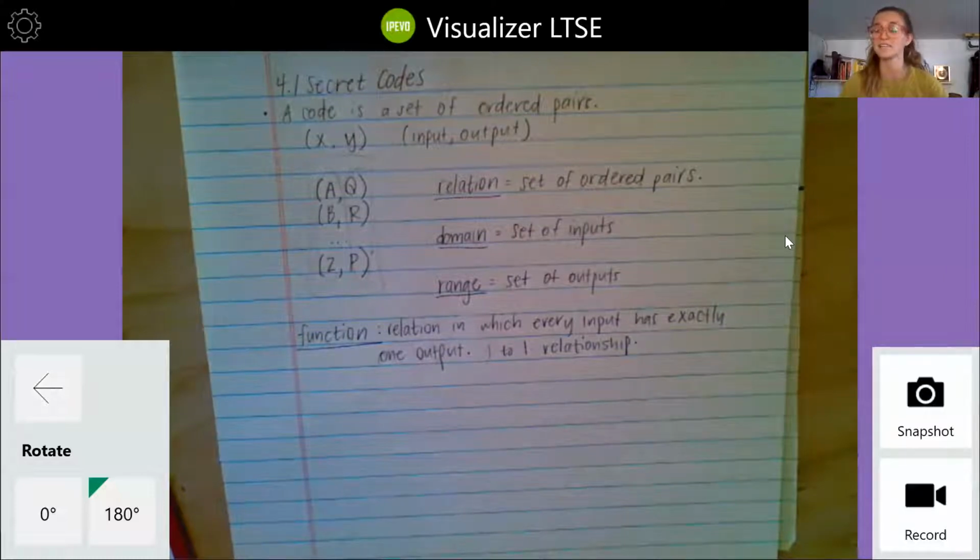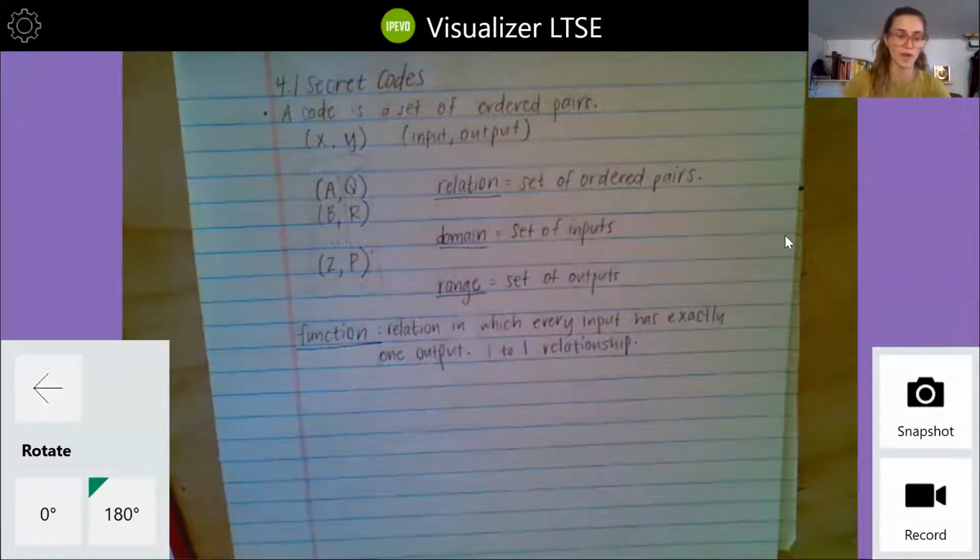It's used in computer science, in ATMs, in passwords, and in biotechnology when you're sending healthcare information. This field of cryptography is really important, and it all boils down to this idea of a function, where we have a very clear code with a one-to-one relationship. Every input has exactly one output.